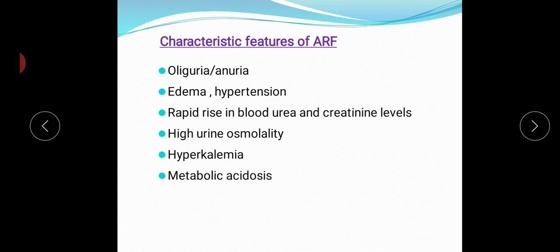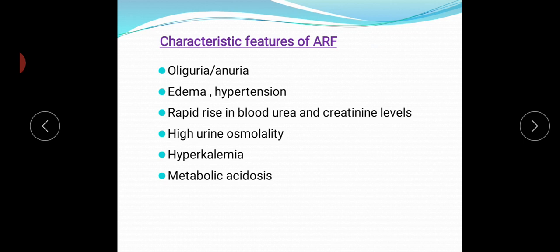Third is the rise in blood urea and creatinine levels, because these are two important waste products that must be removed by the kidney, but because the kidneys are non-functional, they will not be able to remove them. Because the glomeruli are not working, they cannot filter these waste products into the renal tubules, so they accumulate within the blood.